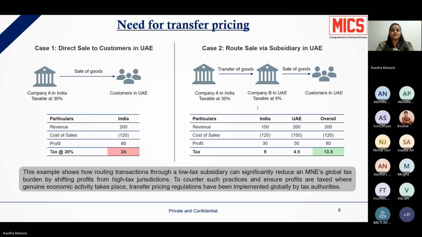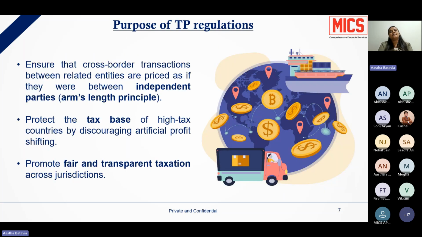Sure. So now coming further, let's understand the purpose of the TP regulation. We have seen how profits can be shifted across borders. Let's talk about why transfer pricing regulations exist in the first place. They ensure that related parties price their transactions just like independent businesses would. That's called the arm's length principle.